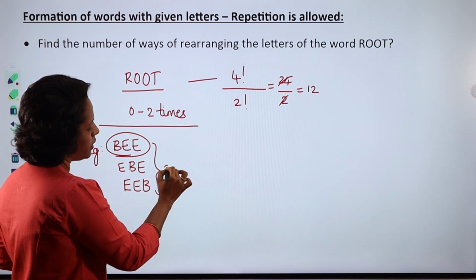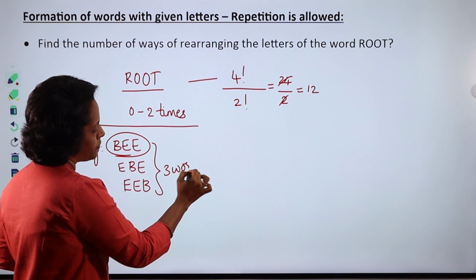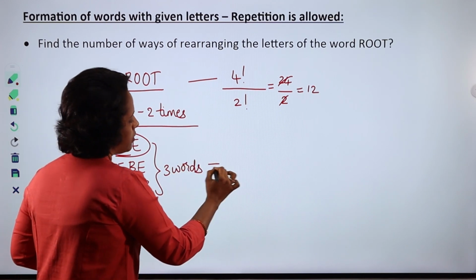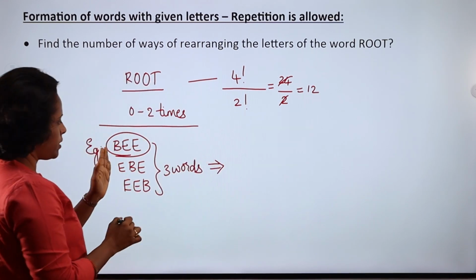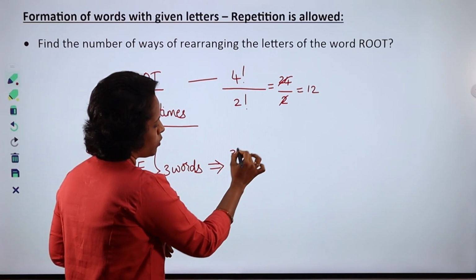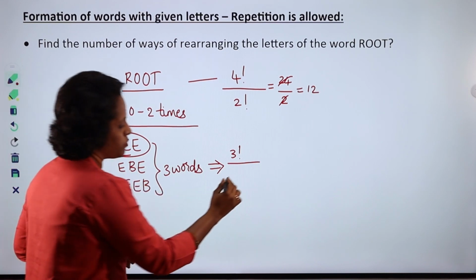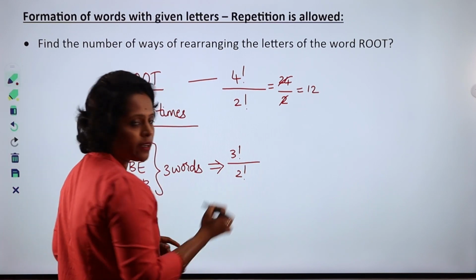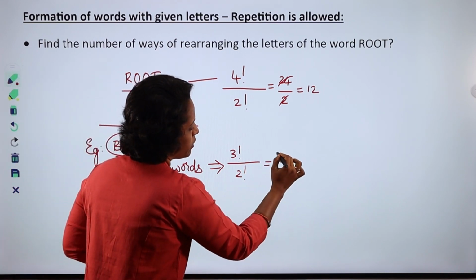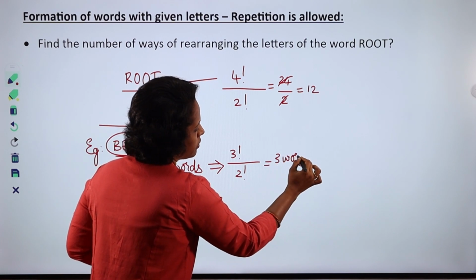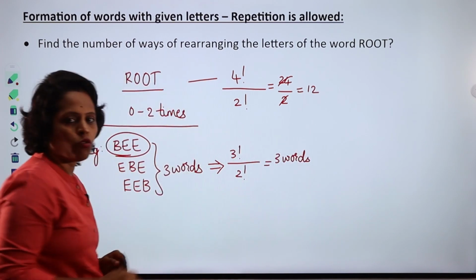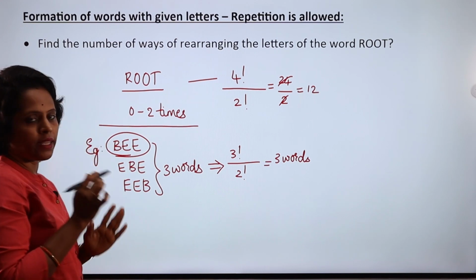So only 3 words can be formed here. The formula here for BEE, a 3-letter word, is 3 factorial divided by E, which is repeated 2 times, so I'll divide by 2 factorial. 3 factorial divided by 2 is 3. So 3 words can be formed using the letters of the word BEE.